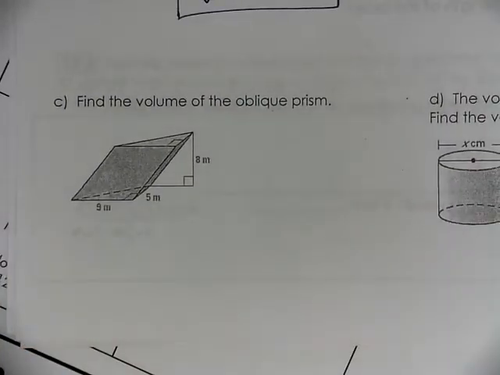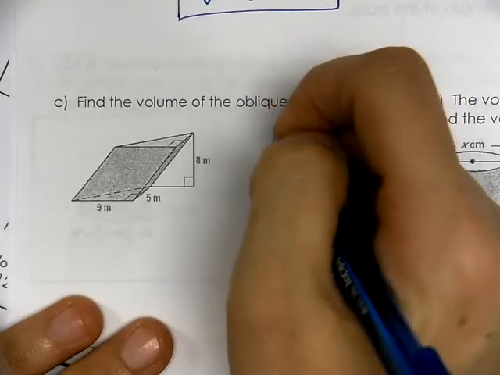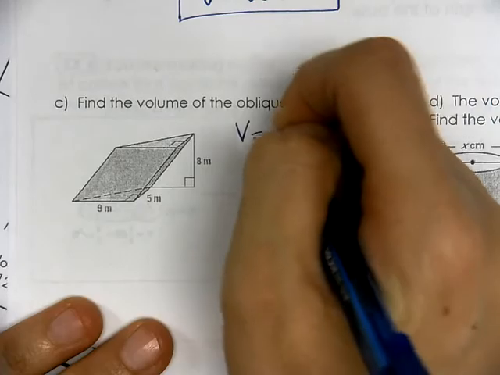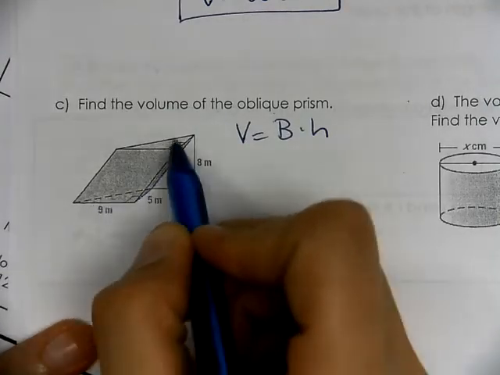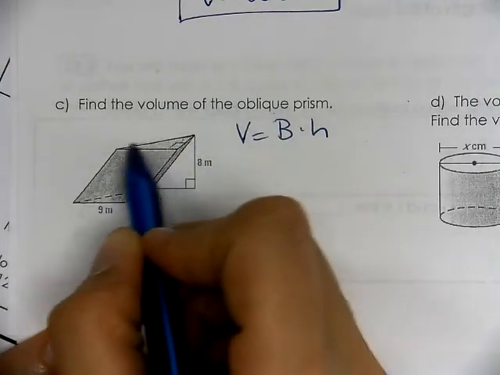Okay, C is kind of hard to see. It's an oblique prism. So area of the base times the height. What's the base? What shape? Isn't that a triangular base? Isn't this a triangle right here?